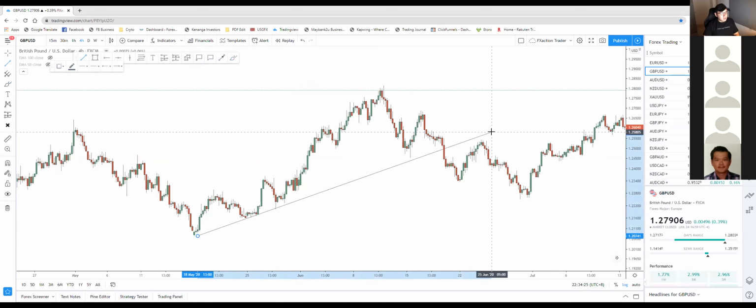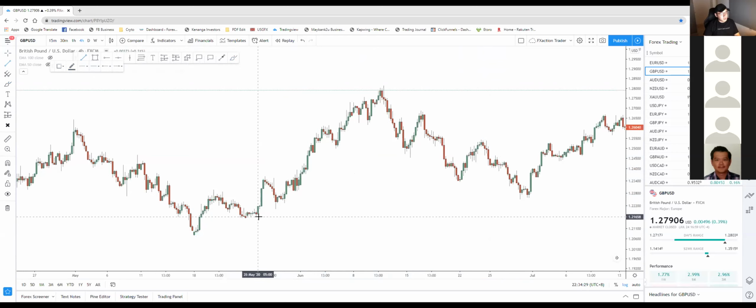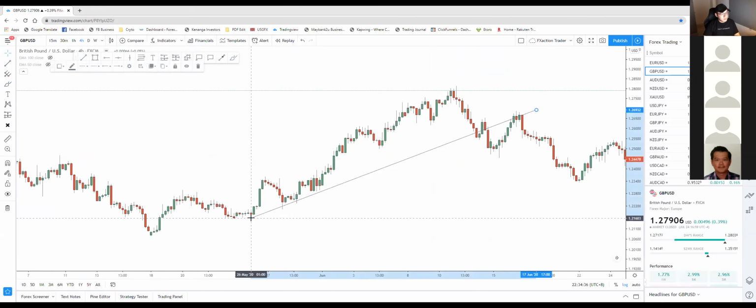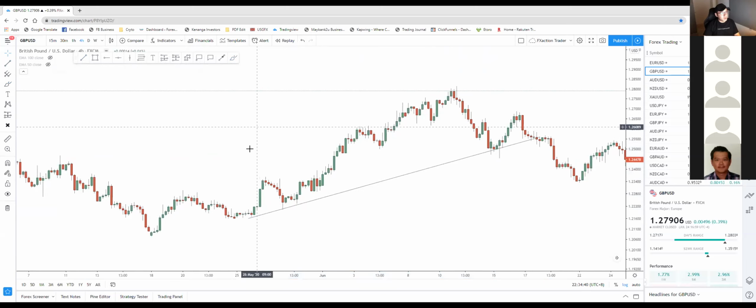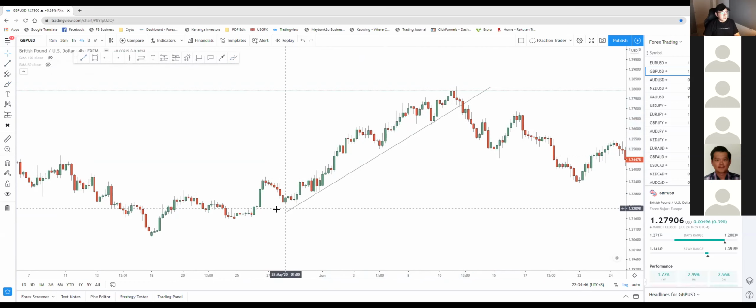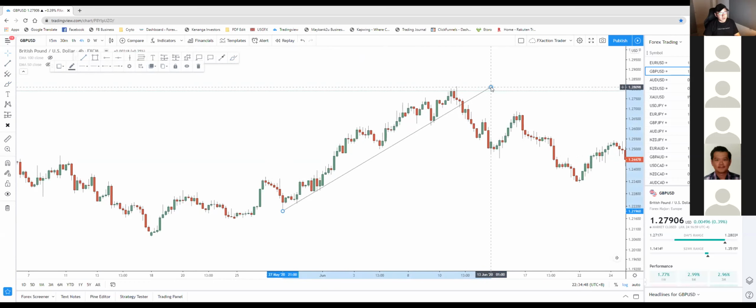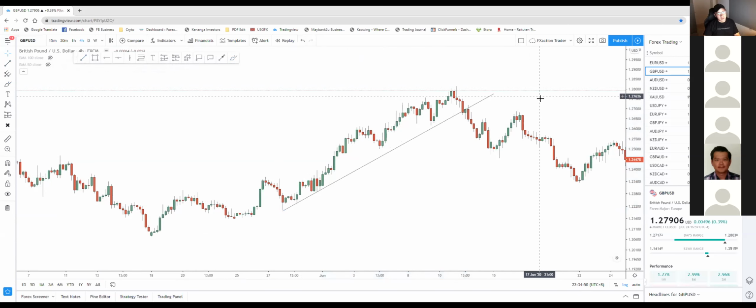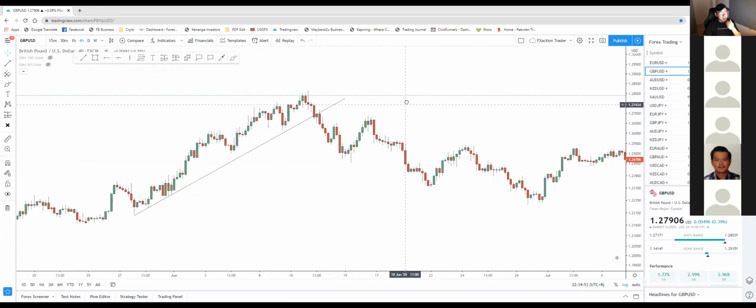So you can either draw the trend line like this, or this way, or even this way. Just make sure that the trend line looks logical. What do I mean by logical?